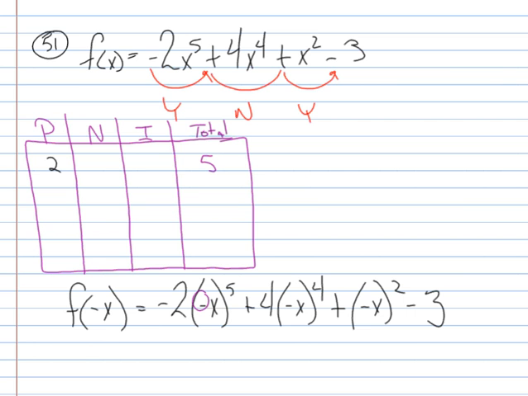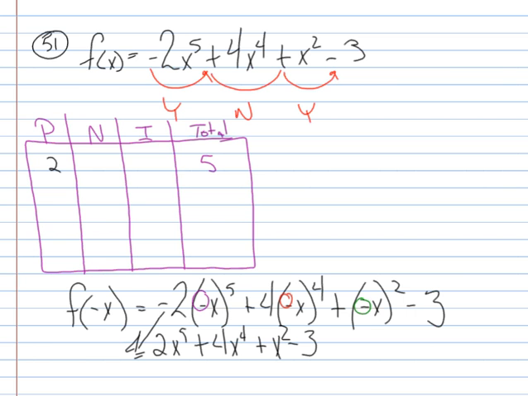This one right here becomes a negative, and a negative makes that positive, so this now becomes 2x to the 5th. This one right here becomes positive because of that even numbered exponent, so that's a plus 4x to the 4th. This one right here becomes positive because of our even numbered exponent, so it stays plus x squared. And my minus 3 is just chilling at the end.